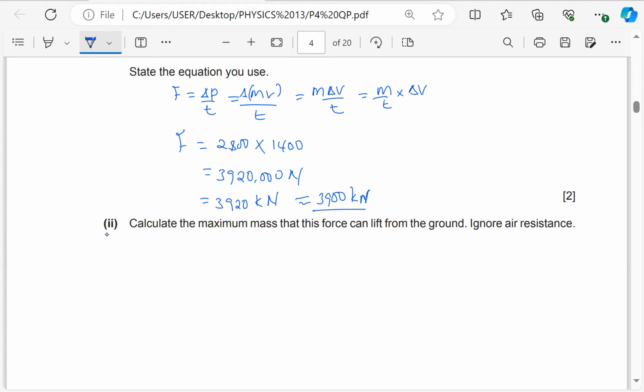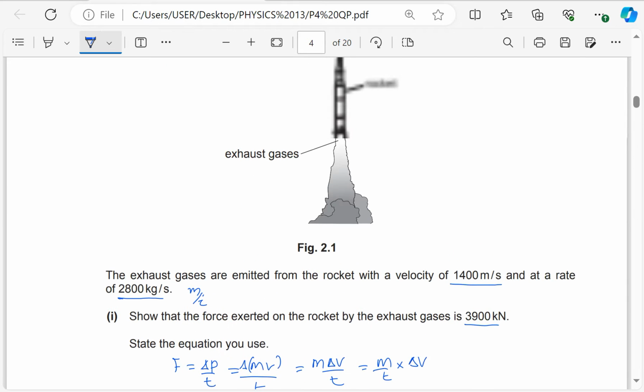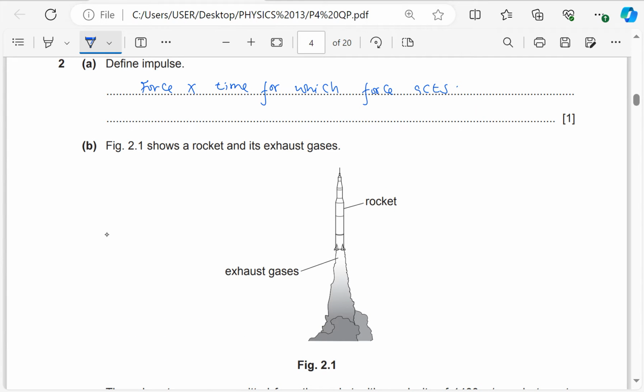Ignore air resistance. So F is the resultant force upwards. If we consider the maximum force, then the maximum mass will give us the maximum weight.